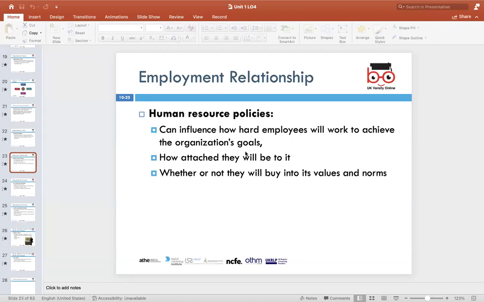That might be one of the reasons, how attached they are, and whether or not they will buy into the values and norms. Will they be happy with the different organization values that have been put in place or not? There are different factors that influence those decisions as well.